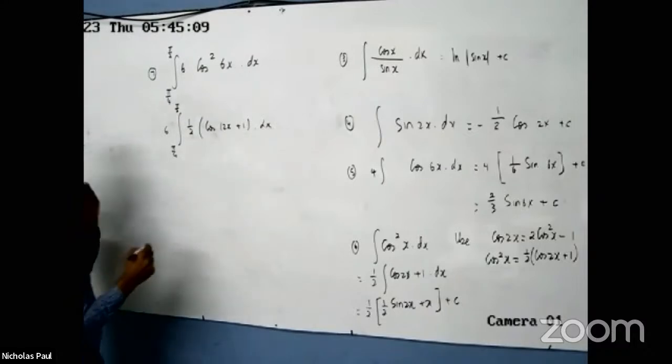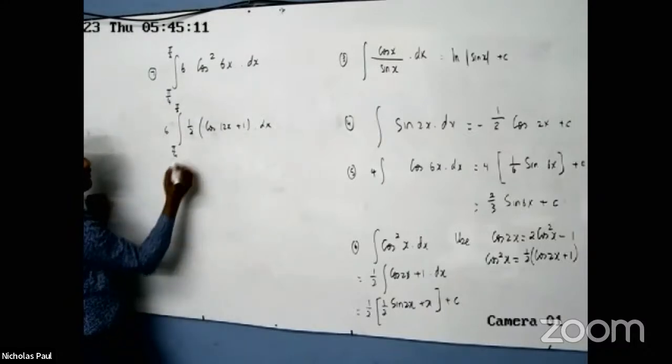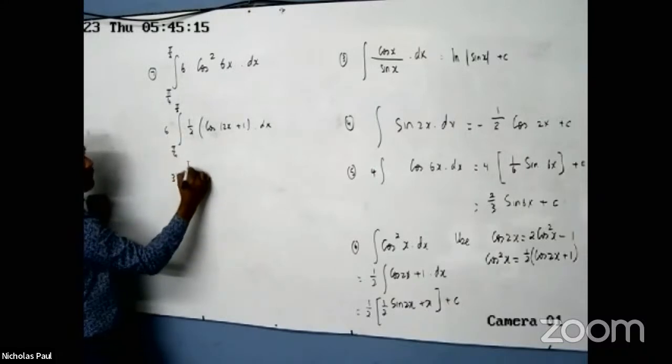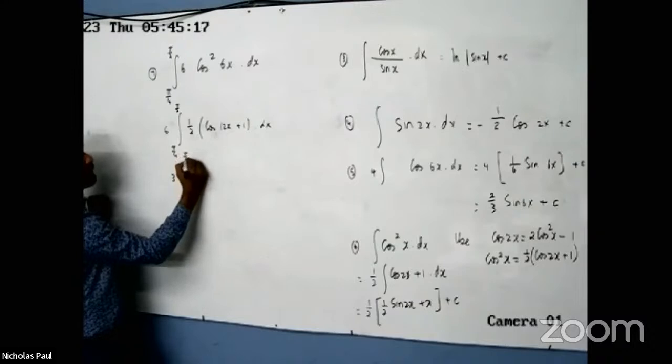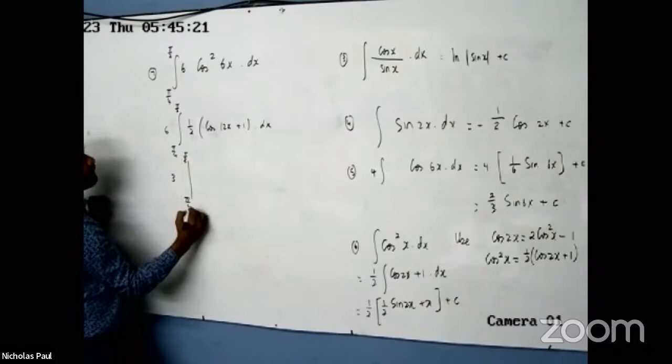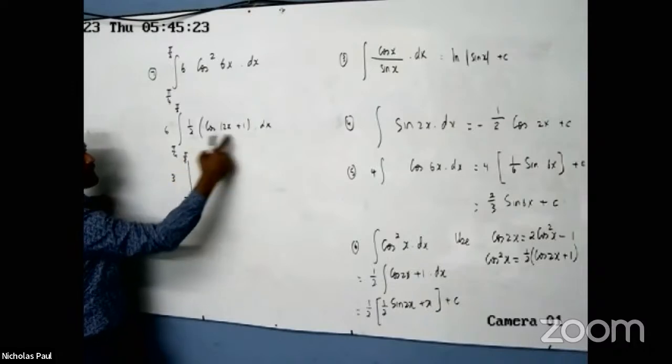Okay, so you can pull the half on the outside one time, so 6 by a half is 3, and we're going to integrate between pi on 2 and pi on 4.